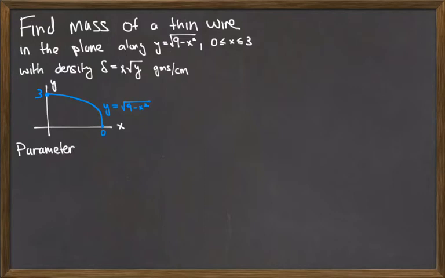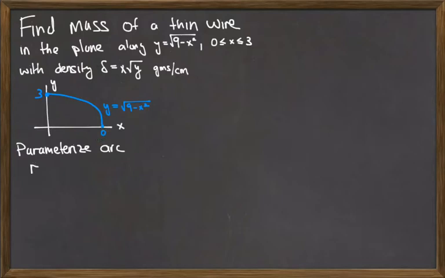So the very first thing that we're going to need to do is parameterize this arc if we're going to do any meaningful calculations. There is no single way to do this, but there is an obvious way to do it. My curve is given, y is given as a function of x. As I vary x, my y-coordinate responds according to this equation.